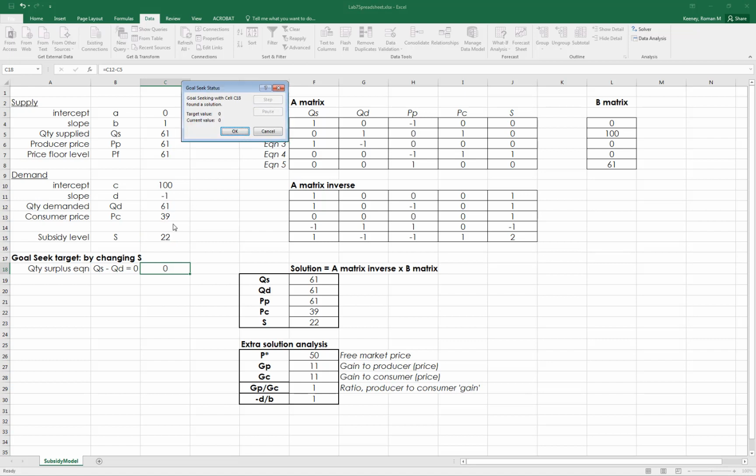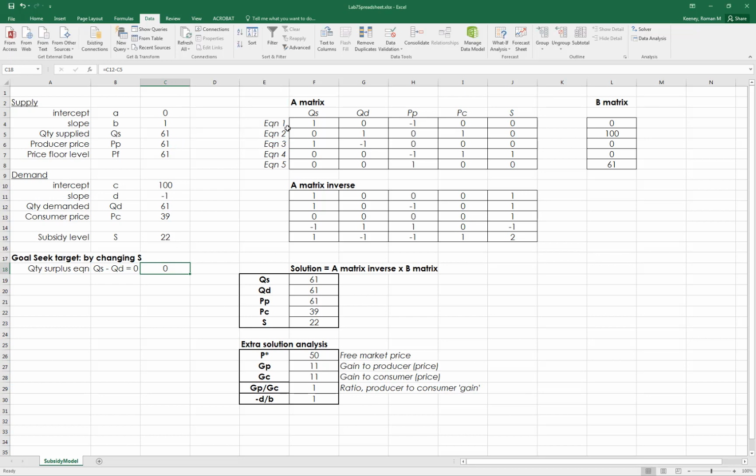You click on OK, it adjusts, and it finds that when you change the price floor to 61, the producer price changes to 61, the quantity supplied changes to 61, so does the quantity demanded, and the consumer price falls to 39. The subsidy value has to go up to 22.